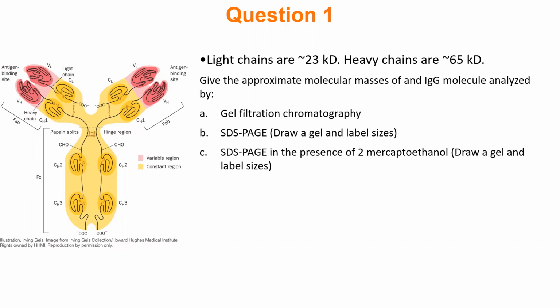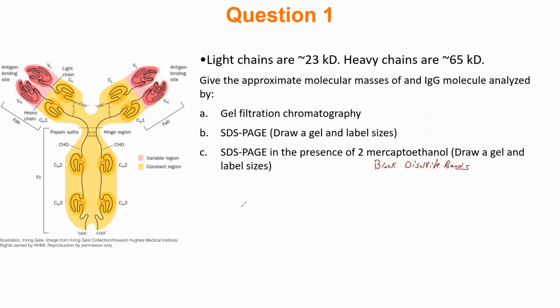If I do SDS-PAGE, what would my gel look like with size? And if I use SDS-PAGE with 2-mercaptoethanol, remember 2-mercaptoethanol or beta-mercaptoethanol, these break disulfide bonds, what would the gel look like there, and what sizes would you expect?